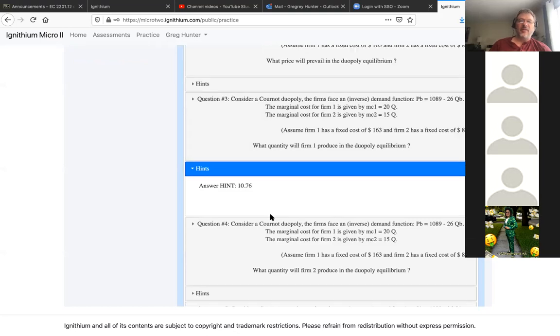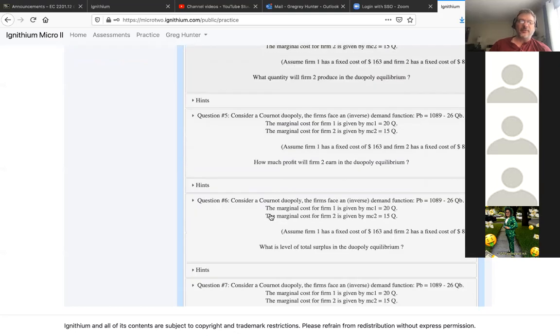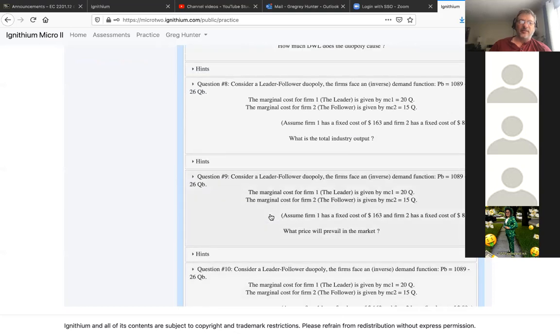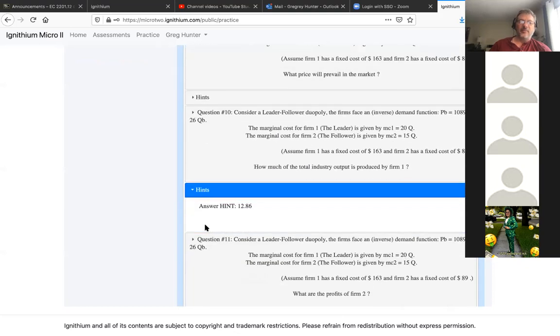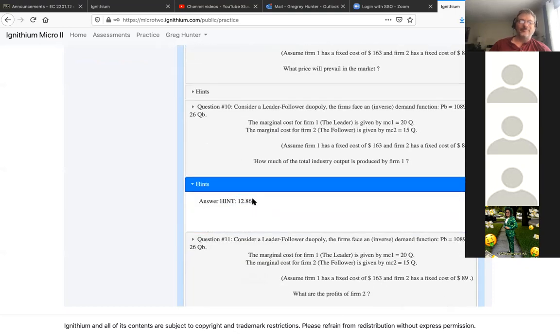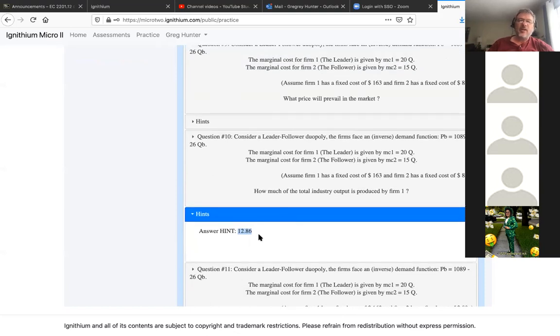But because they're the leader, they end up producing more. And that's only because they're the leader, because in the case that they're Cournot competitors, it turns out that firm 2 produces more. So anyway, does anybody have any questions about that?